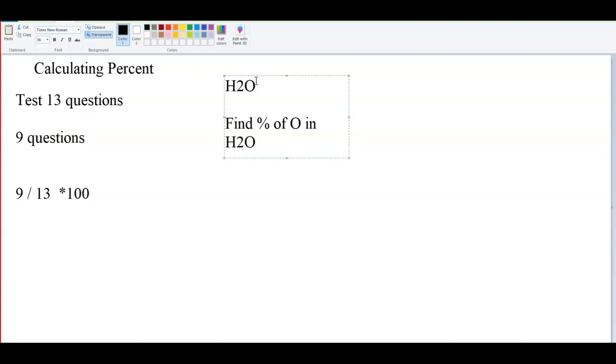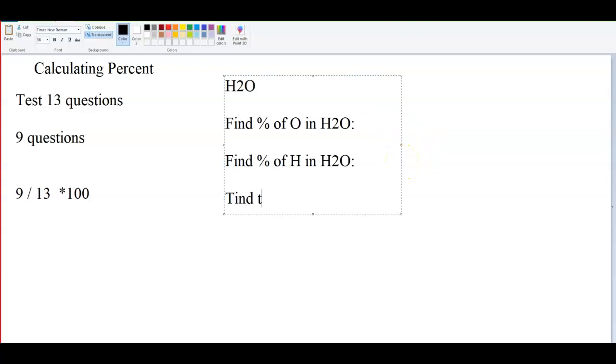And also you're asked to find the percent of hydrogen in H2O. The first step you take is what?